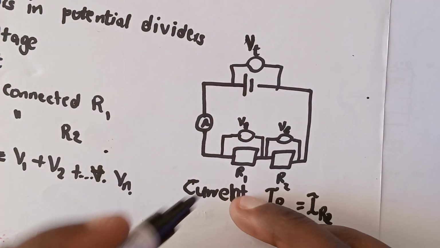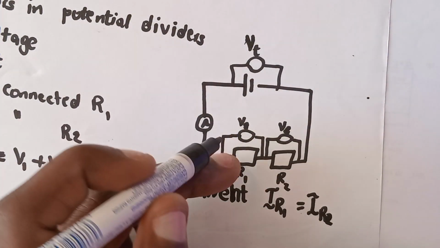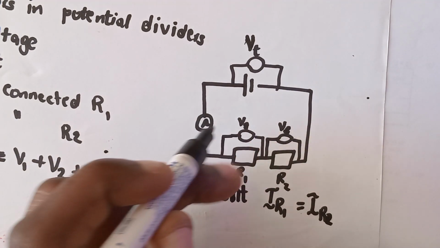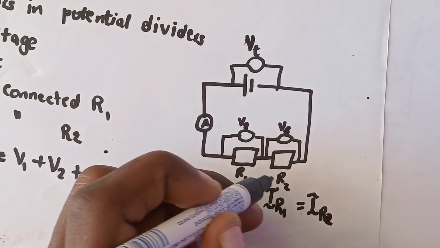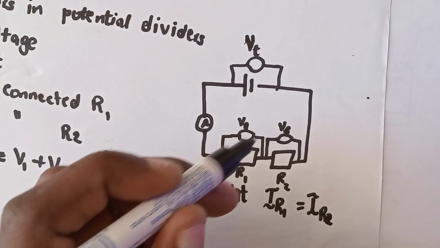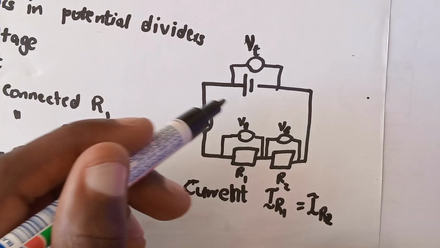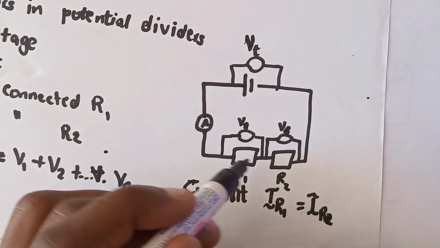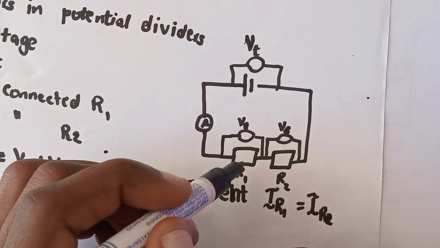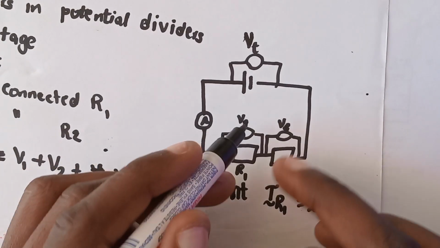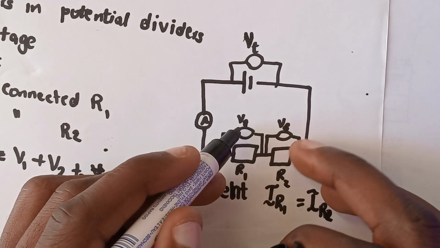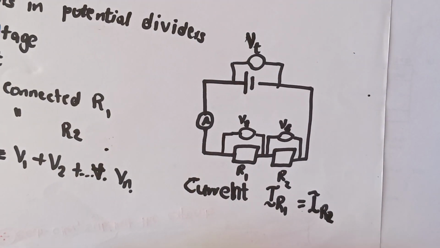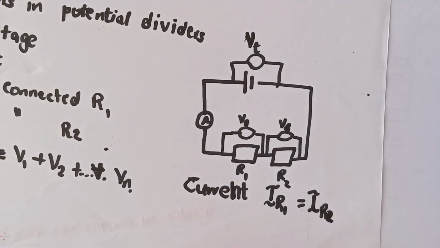They divide V total according to the amount of resistance each resistor has. If it's 2 ohms, maybe 1 ohm, and here 4 or 5, they will divide that potential difference according to their amount. And if you sum up V1 and V2, they will give you the total voltage for this cell.